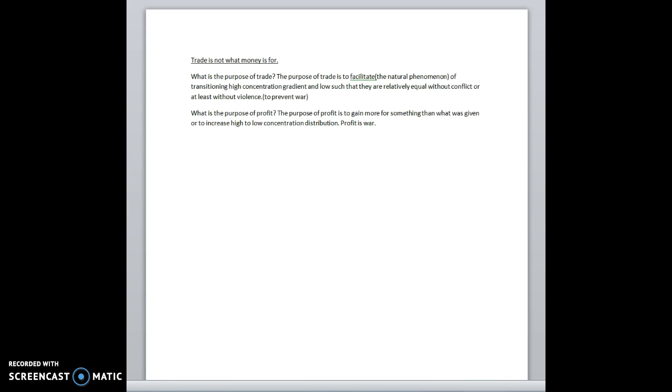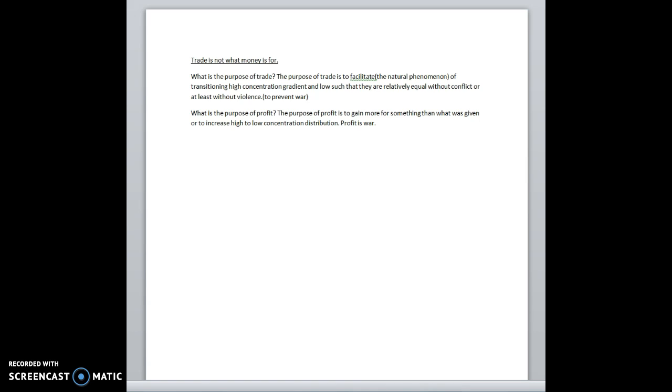So, as you see in front of you, I have a little write-up. It's pretty concise. Trade is not what money's for. What's the purpose of trade? The purpose of trade is to facilitate the natural phenomenon of transitioning high concentration gradients to low, such that they're relatively equal without conflict, or at least without violence, to prevent war.